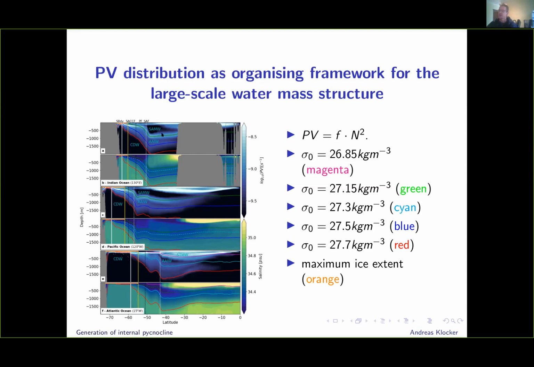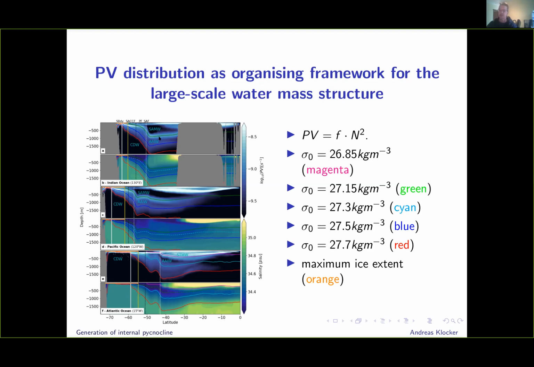What you see right away are those black patches of very low potential vorticity. Those are the main water masses. Here in the top 800 meters is subantarctic mode water, for example. That's produced by deep mixed layers, which destroy PV, destroy stratification, and hence show up as those low PV values.